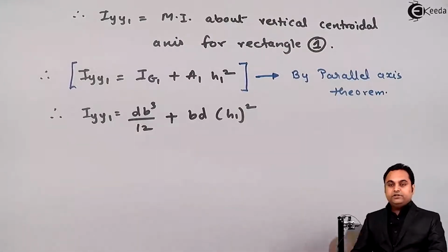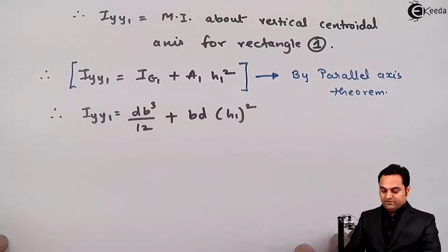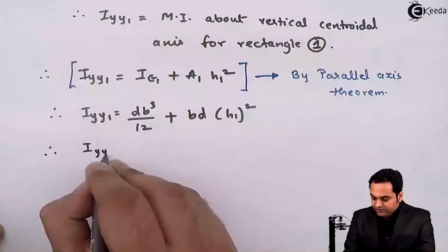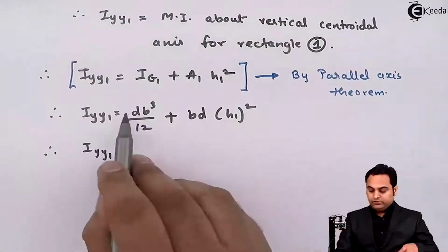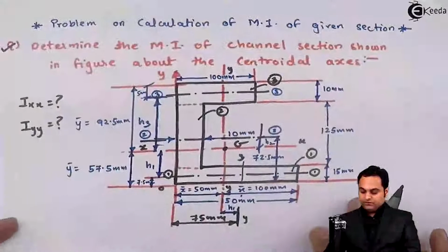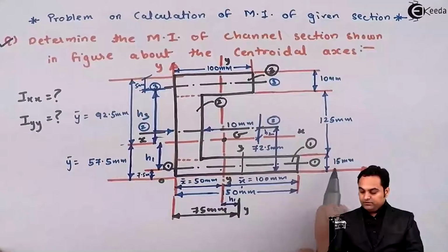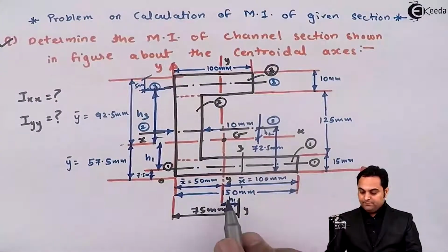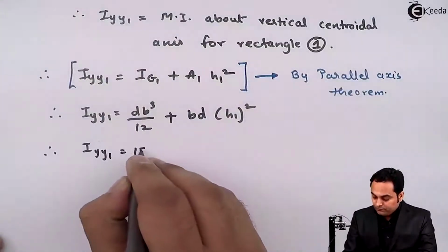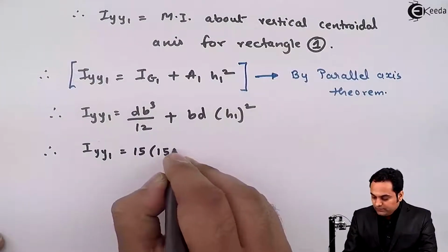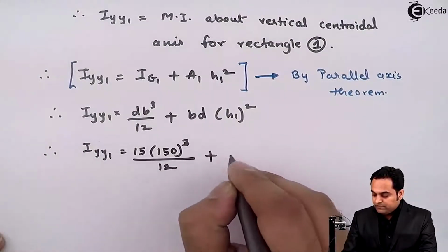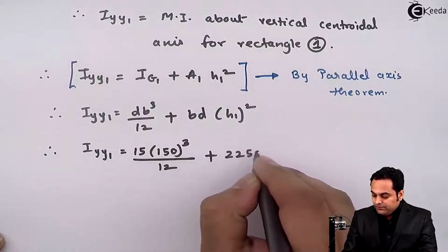Now we need to find out the value of Iyy1. Therefore Iyy1 is equal to d and b values. Here for rectangle number 1, d is 15 and b is 150. So 15 into 150 cube divided by 12 plus b into d.